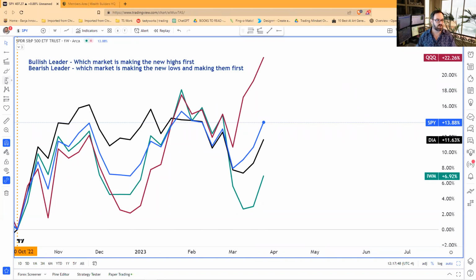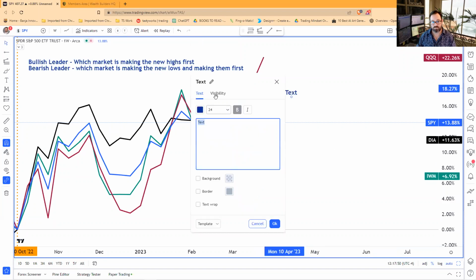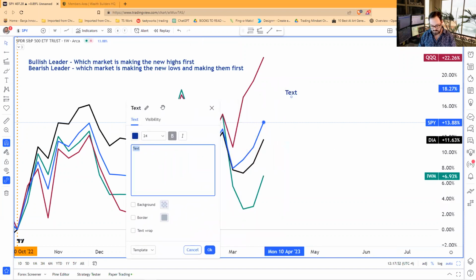So for instance, if we're looking in an uptrend, the bullish leader will hit supply. And again, I use things like supply and demand. It's a little bit different than support resistance. Once more, there's explanations and information on that in the E-mini think tank.